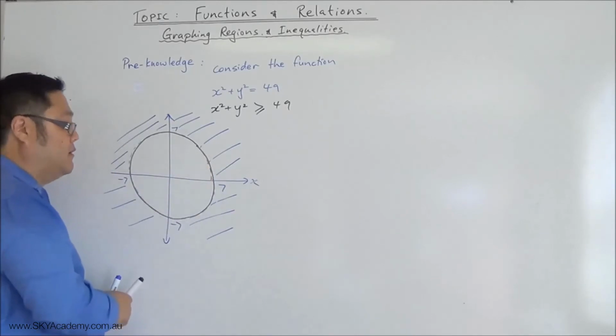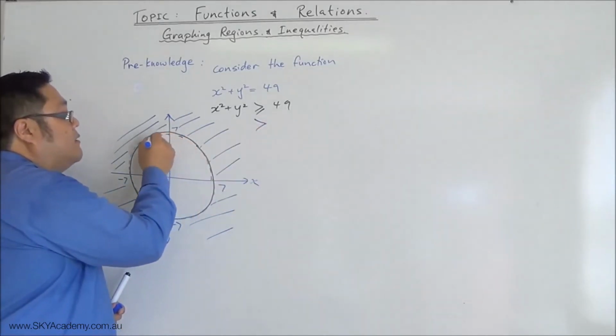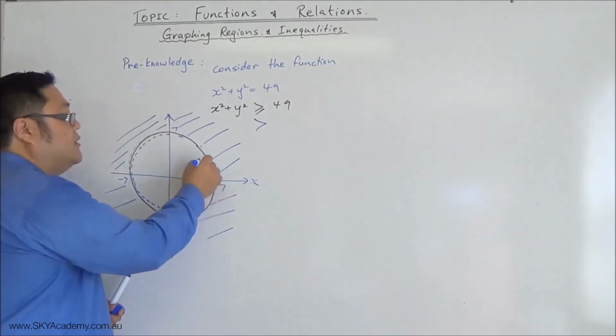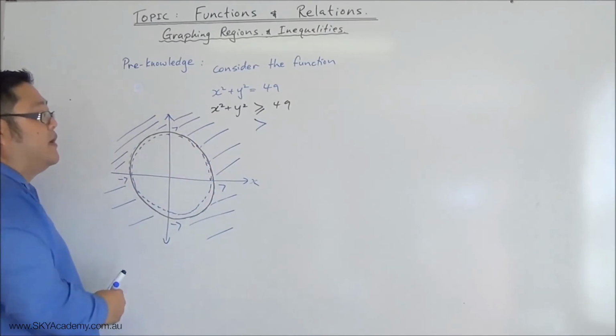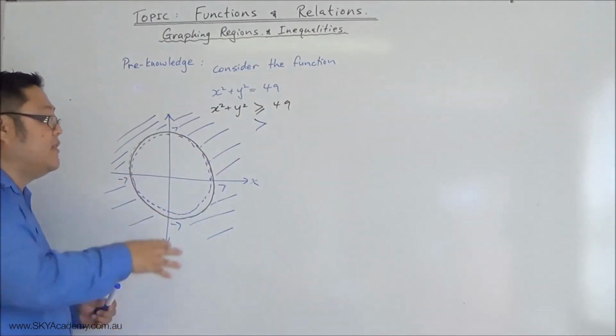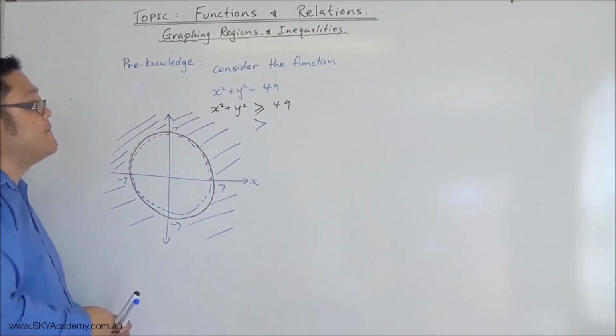Where it's only greater than, you make it a dotted line, and a dotted line shows that the boundary is not included in the region. Good.